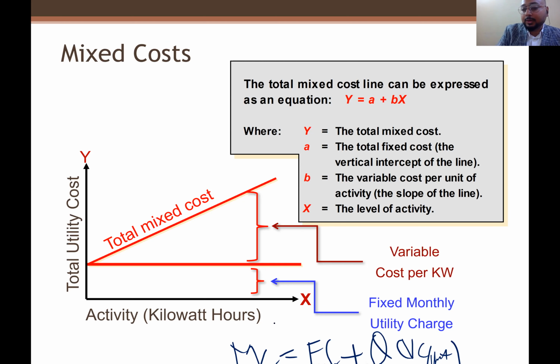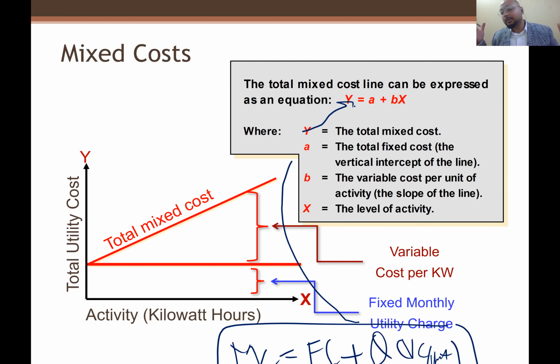If you resemble this logic with the linear equation, this is exactly the same equation: variable cost per unit multiplied by the quantity. So here you have A, which is fixed cost, B, which is the variable cost per unit, and X is the number of activity level, quantity, right?